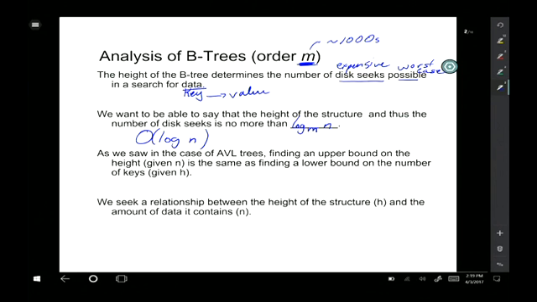This is all intuition. Especially because I'm going to lie about it a little bit, or back off of it a little bit. We're going to hold m constant. M is going to be a fixed value for these things. So we're going to argue that this is big O of log base m of n, where m is greater than 2.